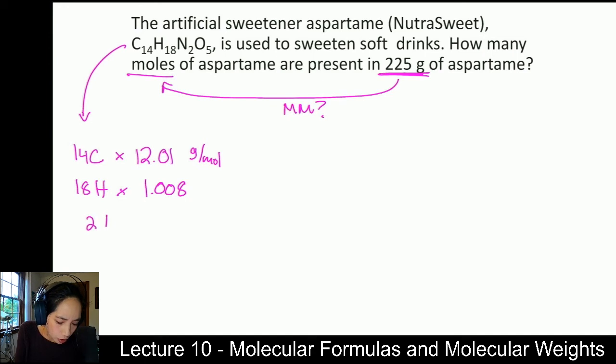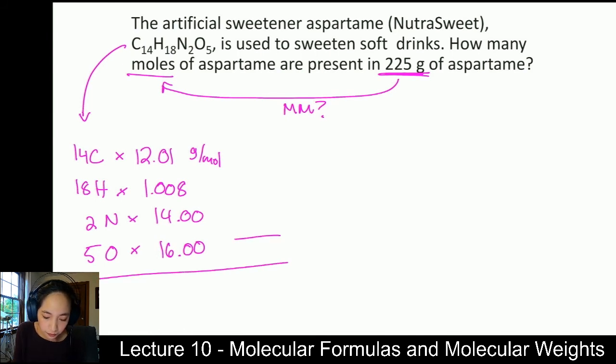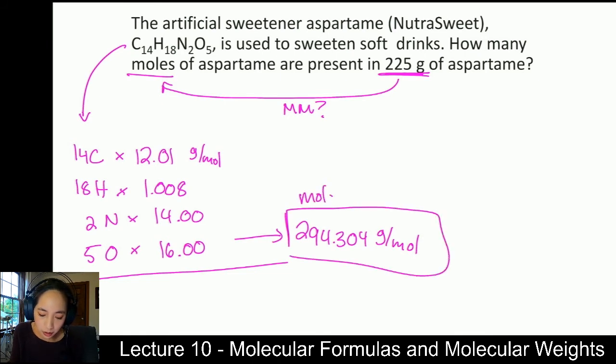There are 2 nitrogens, so that's times 14, and 5 oxygens, and that is times 16. If you add that all up, you get 294.304 grams per mole. So that is the molar mass of our compound aspartame.